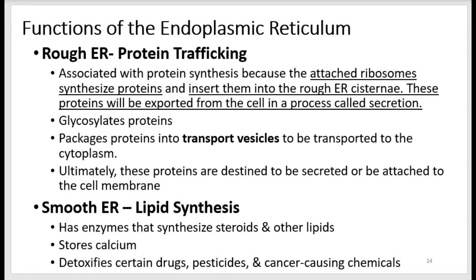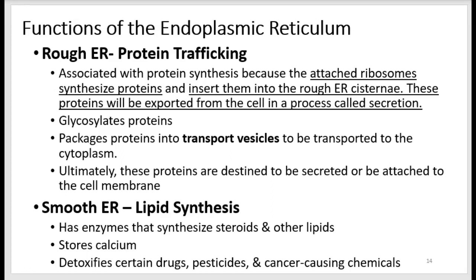Once the proteins enter the rough ER, they can be modified, which we call glycosylation, the carbohydrates added. And then they're trafficked throughout that membranous network and put into vesicles called transport vesicles.